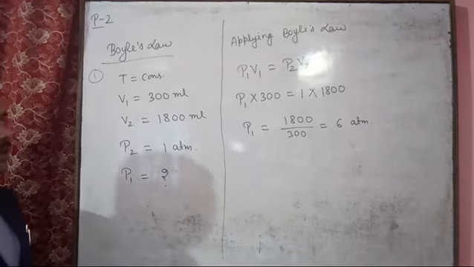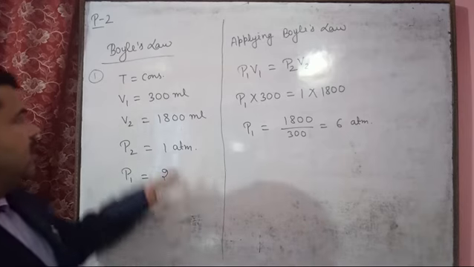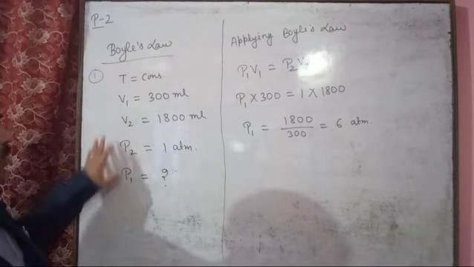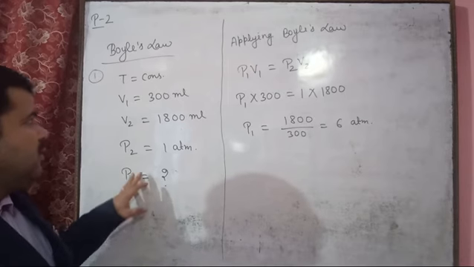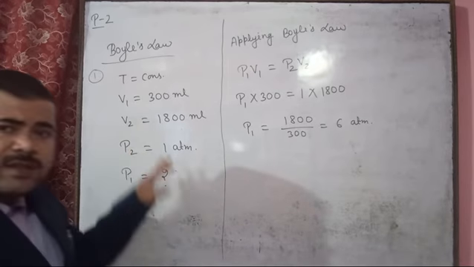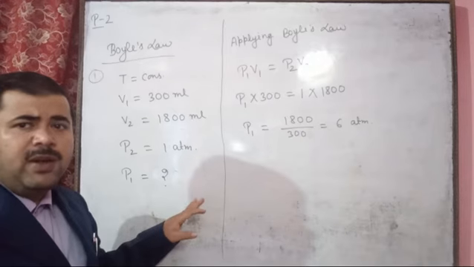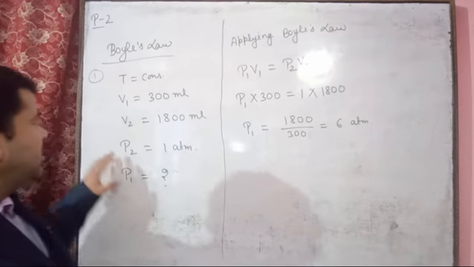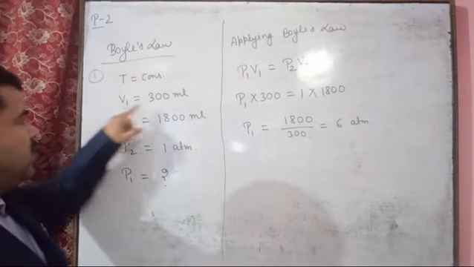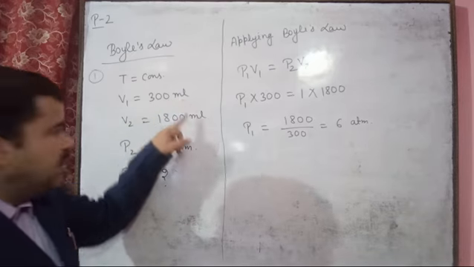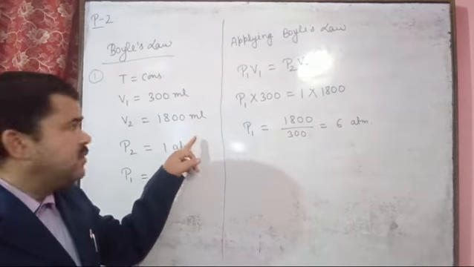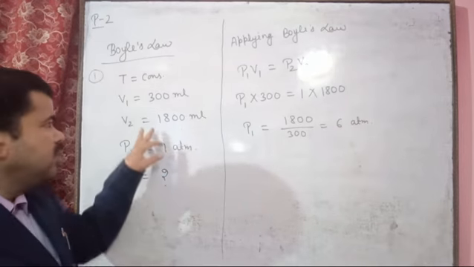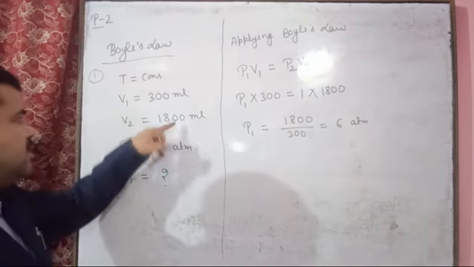In this question you have to see the information given, and you will take the same unit for one factor. Here the volume is in ml, and the second volume is also in ml, meaning units should not be changed.